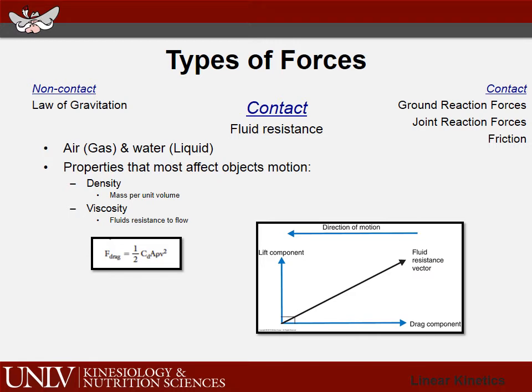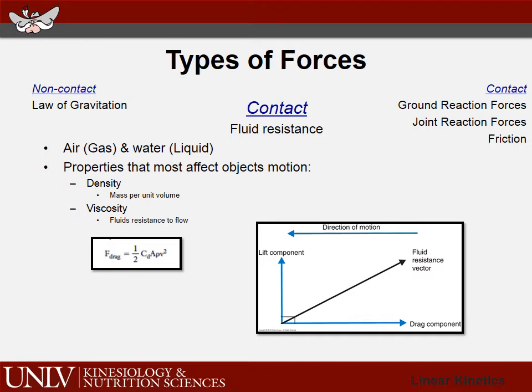Now this is the portion of the equation that the aero bars we saw in class, and the positioning of a cyclist on the front handlebars in that one study we talked about, are attacking. So they're trying to reduce that frontal area by putting you in a more aerodynamic position to reduce that drag component, the air resistance. And then you also have rho.